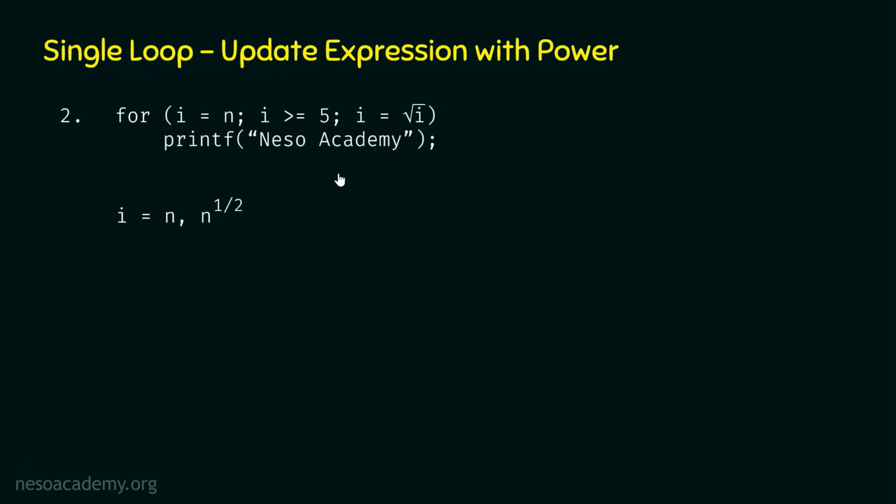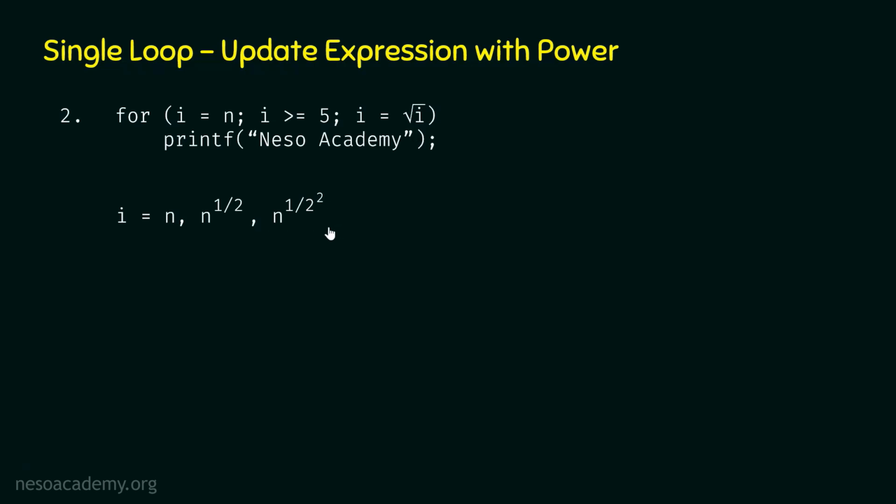What about the third iteration? In the third iteration, we need to multiply 1 by 2 by 1 by 2, because we need to take the square root of n power 1 by 2. And this gives us 1 by 2 square. So now in the power of n, we have 1 by 2 square. This is the third value of I. This means in the third iteration, we have this value of I.